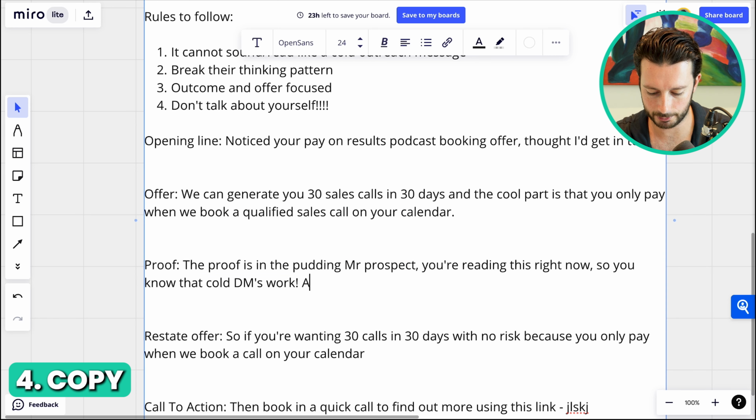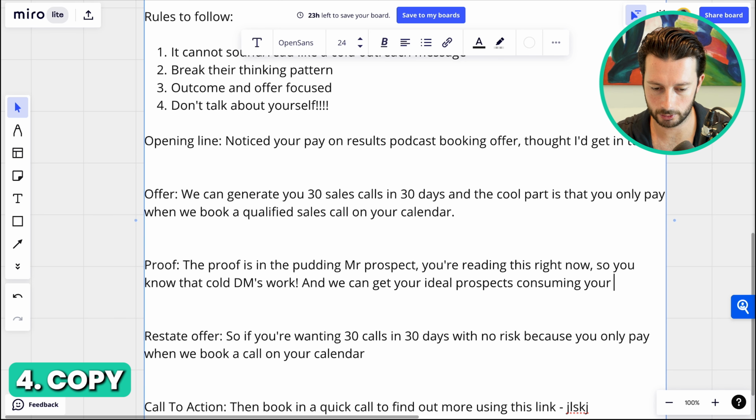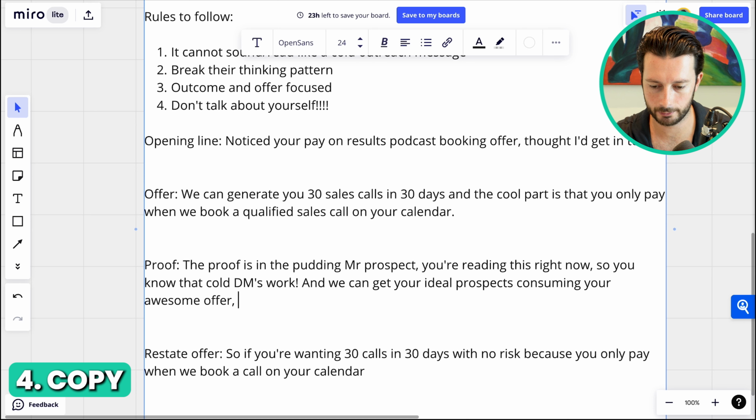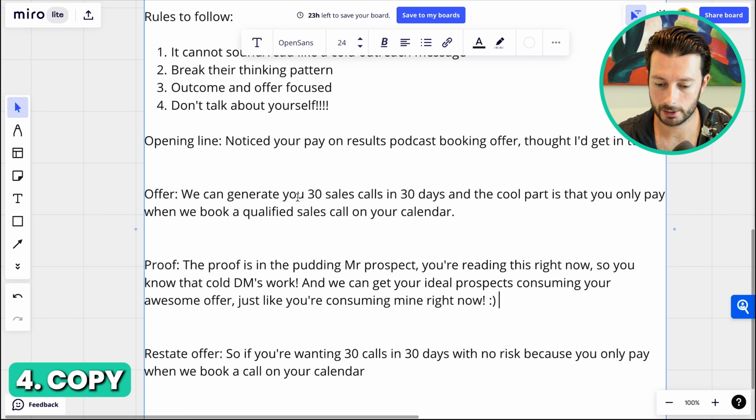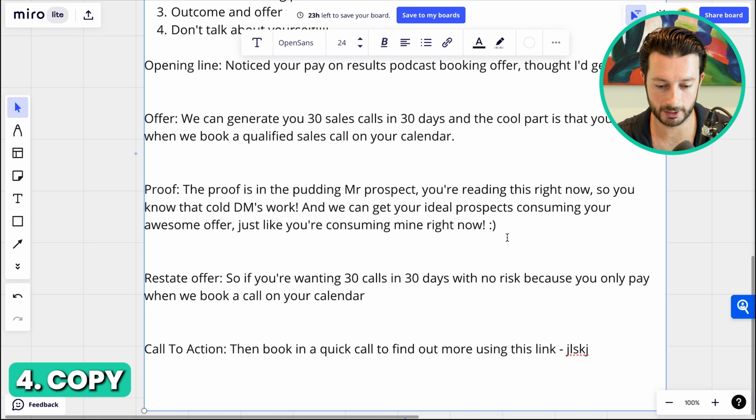And we can get your ideal prospects consuming your awesome offer just like you're consuming mine right now. Smiley face. So if you're wanting 30 calls in 30 days with no risk because you only pay when we book a call on your calendar, then book in a quick call to find out more using this link. Ta-da!